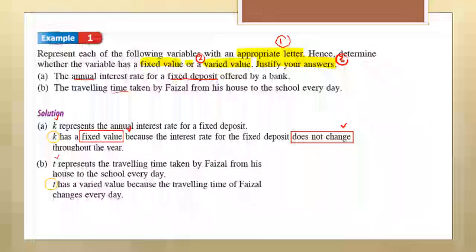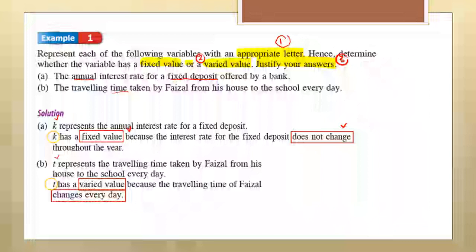And then the second task, whether it has a fixed value or varied value. It has a varied value. Why does it have a varied value? Because the traveling time changes every day. Let's say this morning there is some traffic jam on the road, so the traveling time may be getting longer.